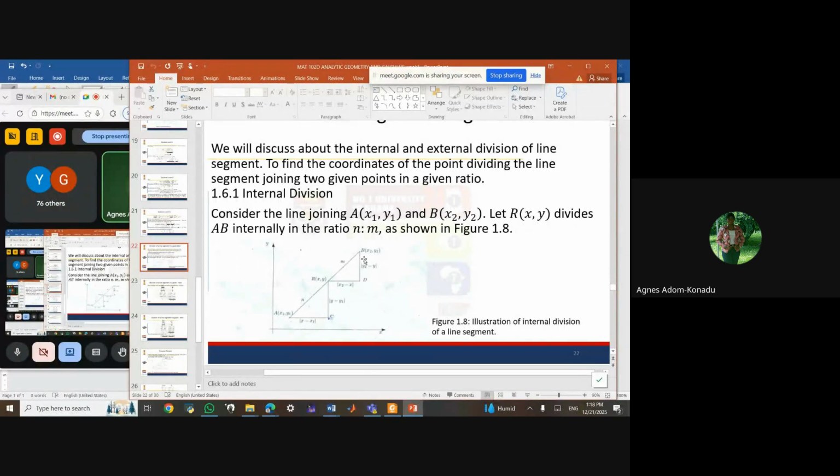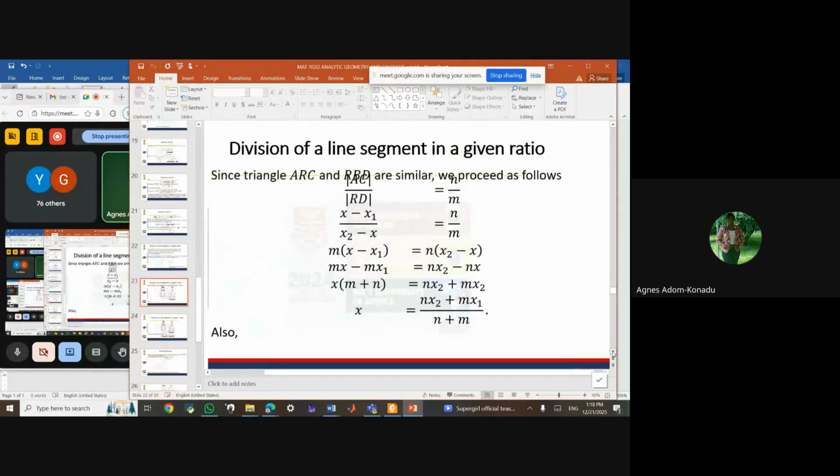And then from D to B is y2 minus y. Just like what we did for the midpoints.